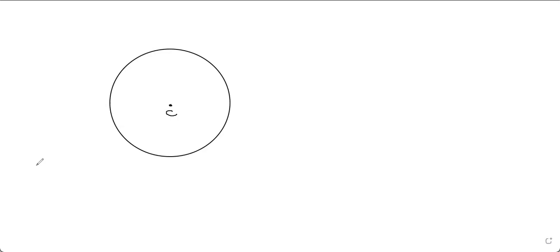Center. It is called a center. Now be very careful while you are answering. Pay attention. I have drawn a line L.